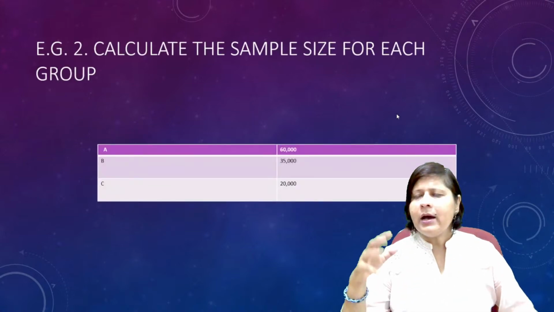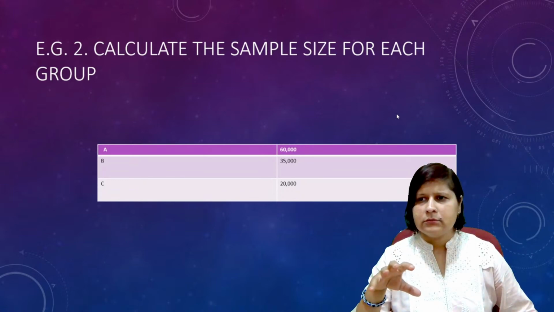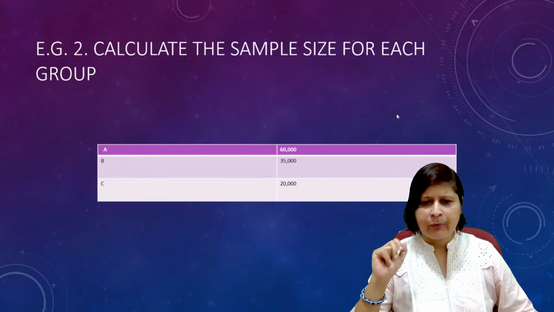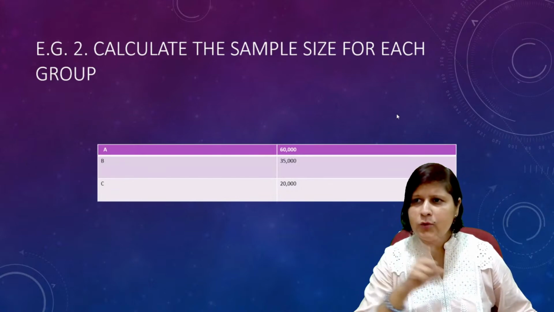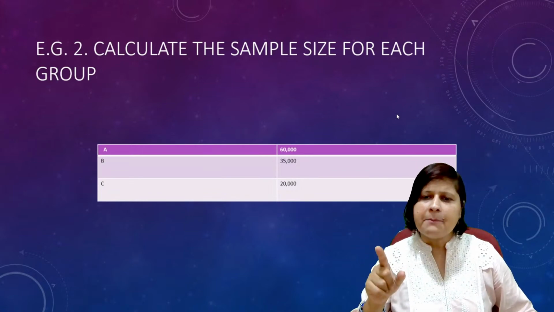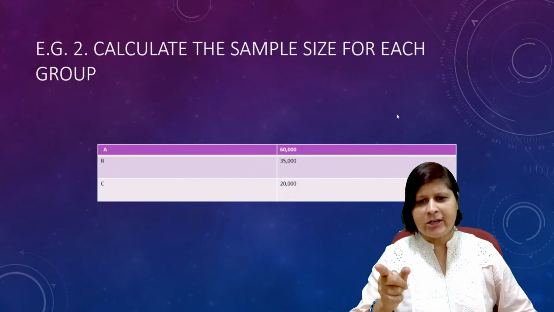Okay. Now suppose I have divided my population into groups, strata. When I was telling you about stratified random sampling, the number of samples for each stratum depends on the population of each and every stratum.